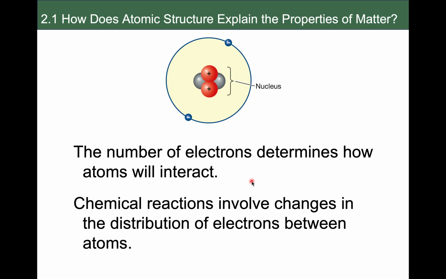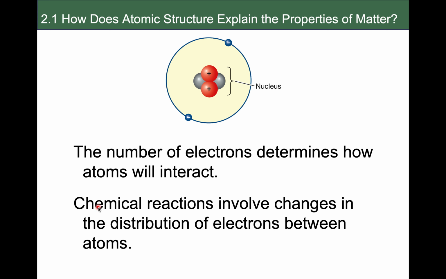All right, so really here we're talking about atomic structure because we want to discuss how we could link atoms together to start to build some bigger molecules. And really, when we're talking about forming bonds between atoms, it's generally the electrons, what the electrons are doing, or how many electrons there are in a particular atom, that are going to determine how those two atoms interact with each other.